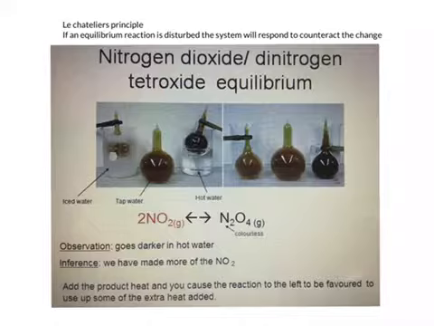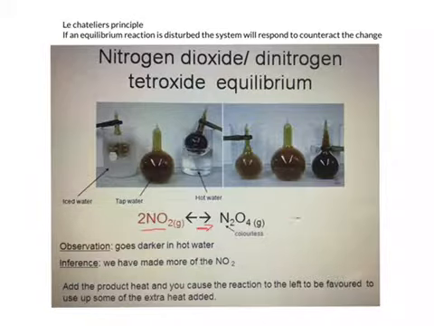Our first example is the nitrogen dioxide, nitrogen tetroxide equilibrium. You need to note that the form NO2 is the coloured form, the dark colour, and if the container gets lighter, it must mean there's more reaction this way, because this way produces the colourless gas.